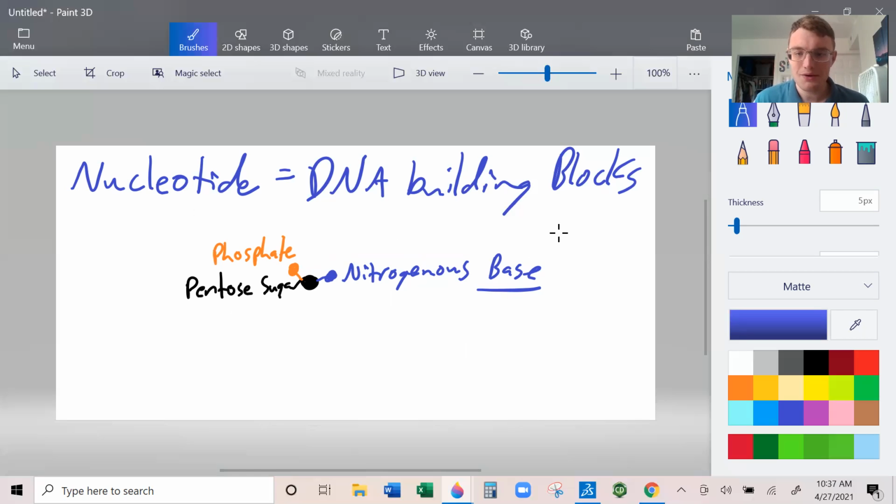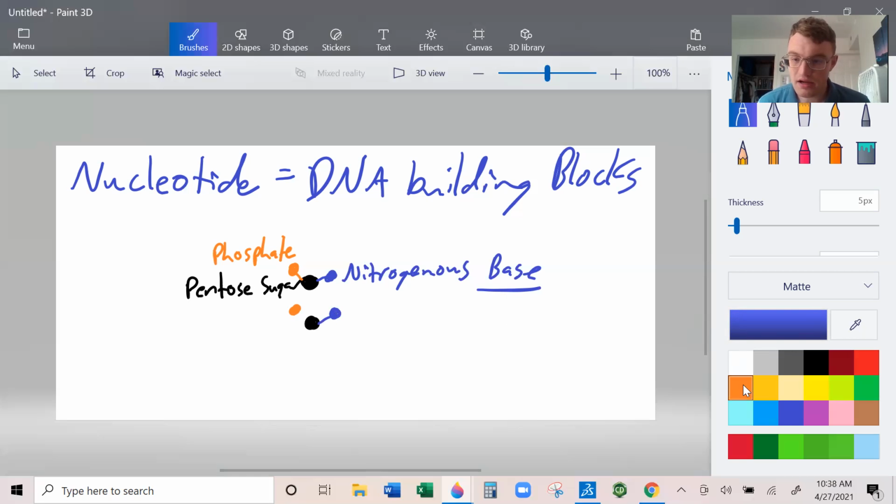Now, when we want to hook two nucleotides together, remember DNA is a big long string, so we're going to build it just like a chain. We're going to hook a bunch of these together to make a big long string. The next one has a phosphate, a sugar and a nitrogenous base.